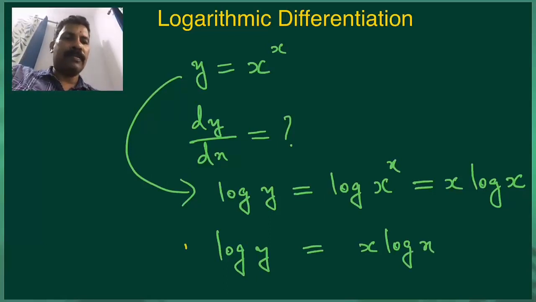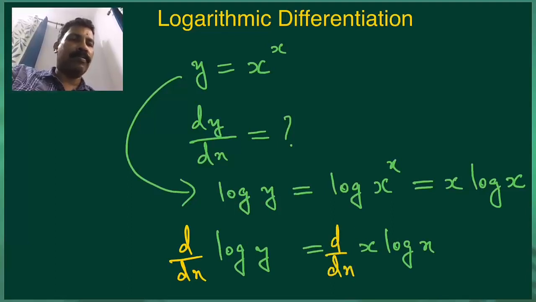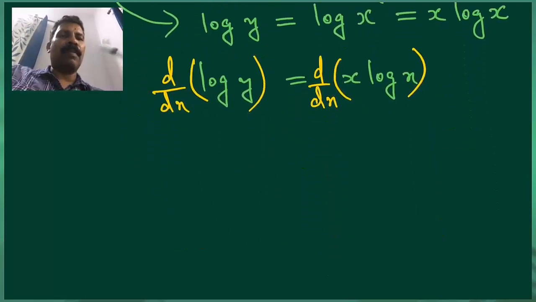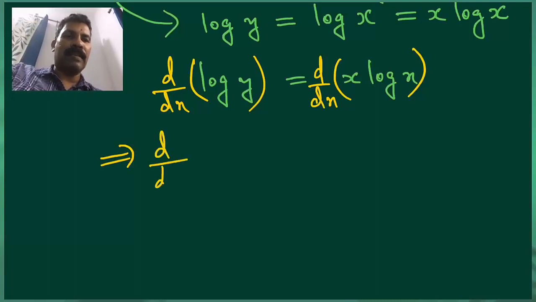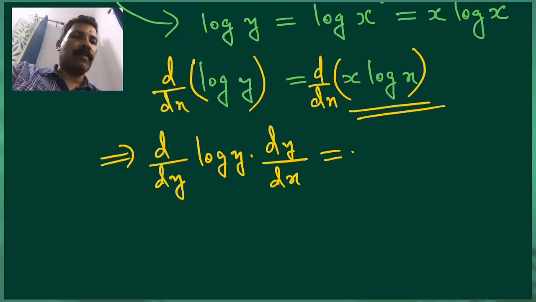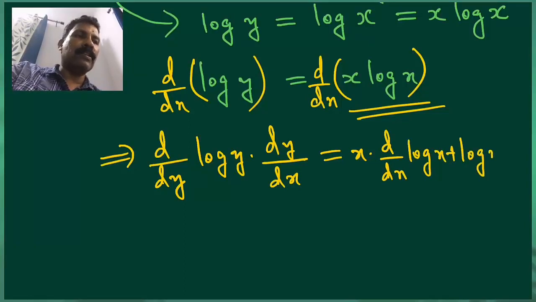Now we shall operate the differential operator on both sides, that is d by dx of both sides. On the left hand side there is a problem of variable mismatching, so we have to address it, that is d by dy of log y, then to compensate, dy by dx. On the right hand side there is a product rule, that is x into the derivative of log x plus log x into the derivative of x, that is 1 only.